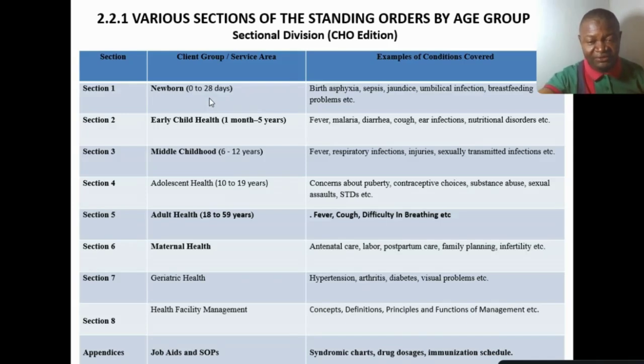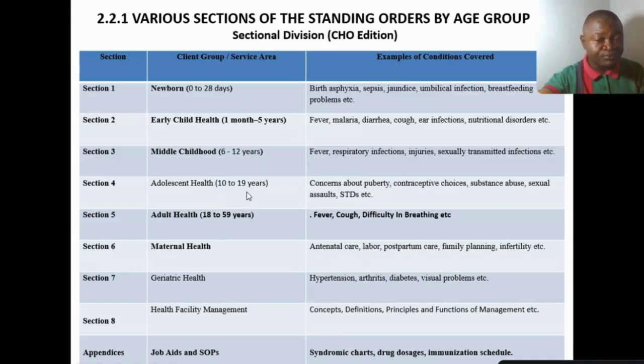Okay, it is for adolescents, age group 10 to 19. I call it a unique section because the conditions you see here are adolescent peculiar cases. Now, something is worth paying careful attention to here. The section before the adolescent section is for people between the age group of 6 to 12. Now you can see that the adolescent section is for people between the age group of 10 to 19.